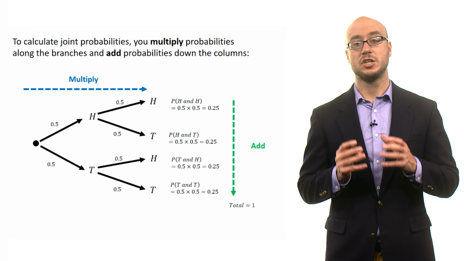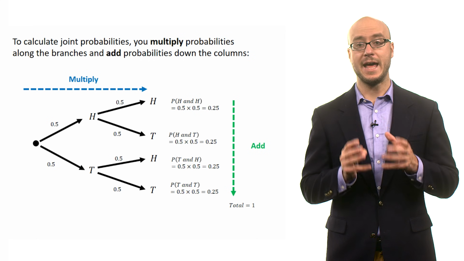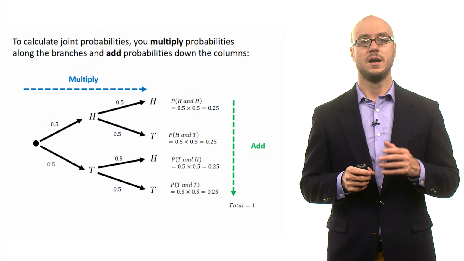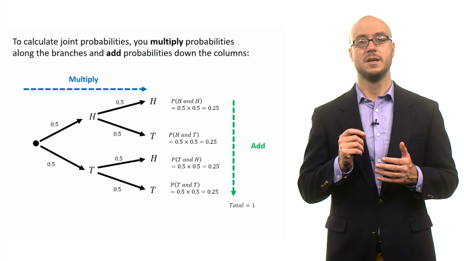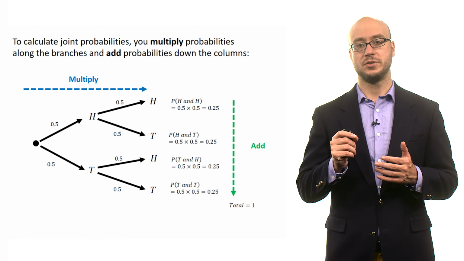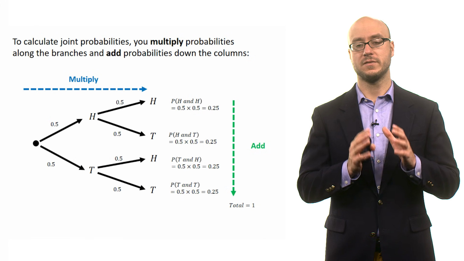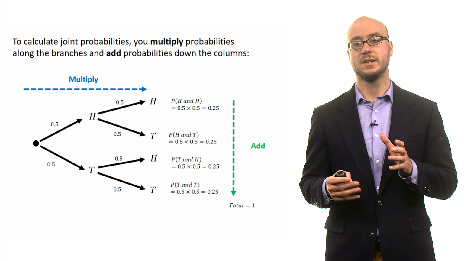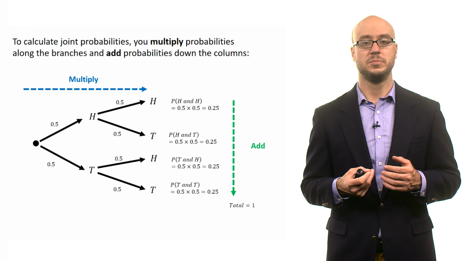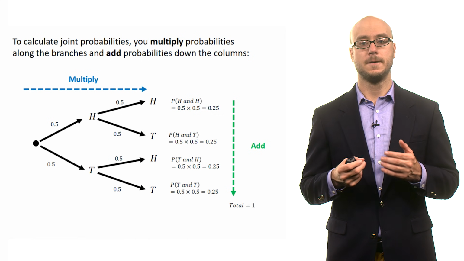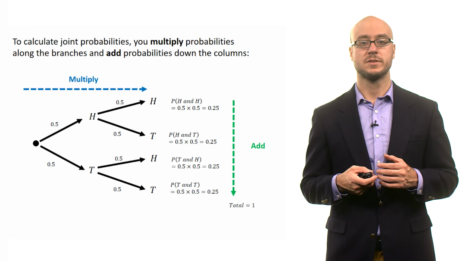And then that will give us the joint probability, the probability of getting a heads and a heads. If you want to find the probability of getting heads and tails, you just follow the branch up to the first event of getting a heads and then the second event of getting a tails. And you could just calculate the probability by multiplying those two branches together.